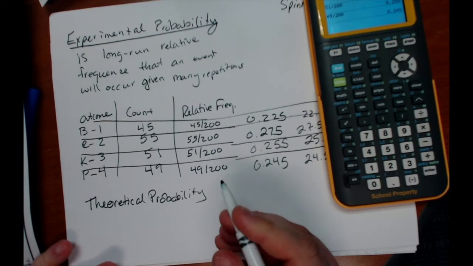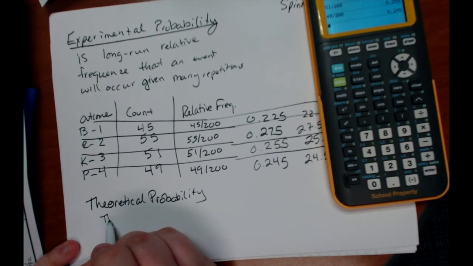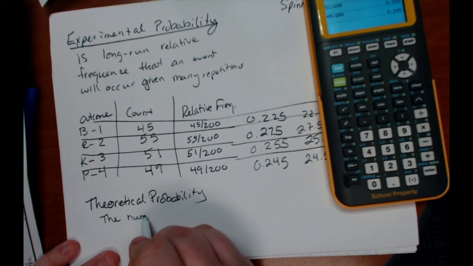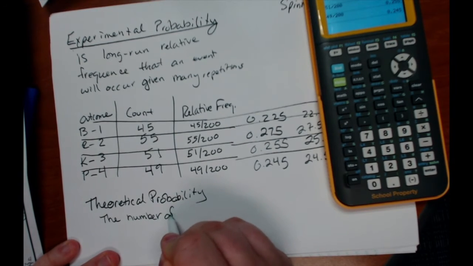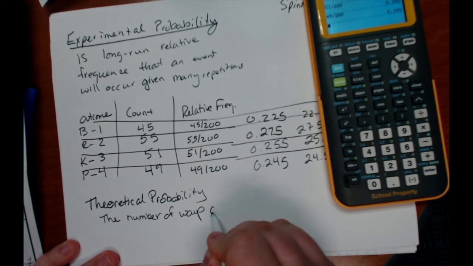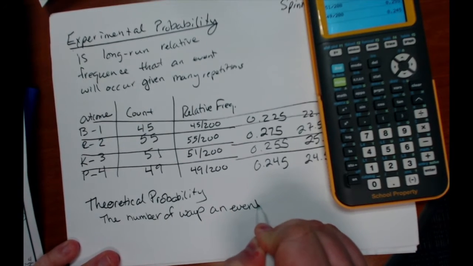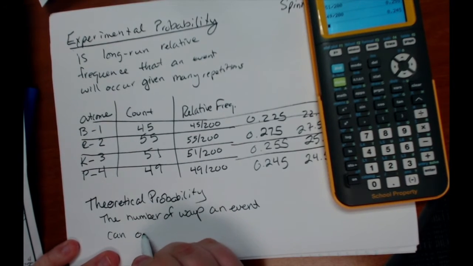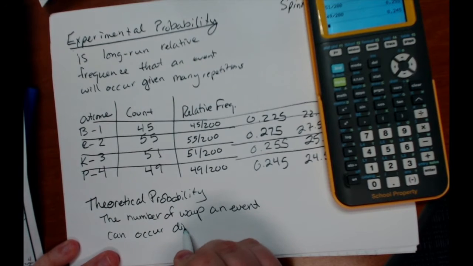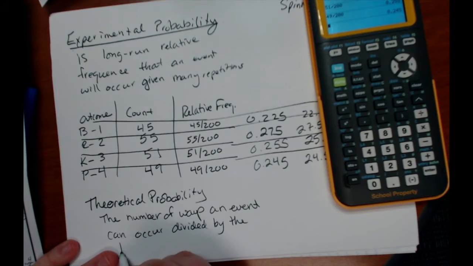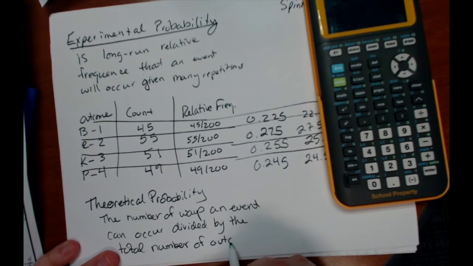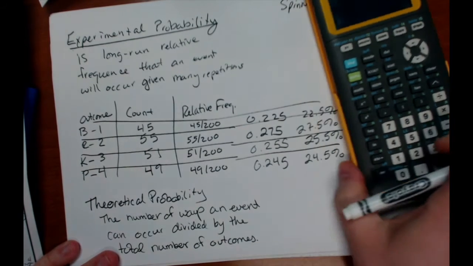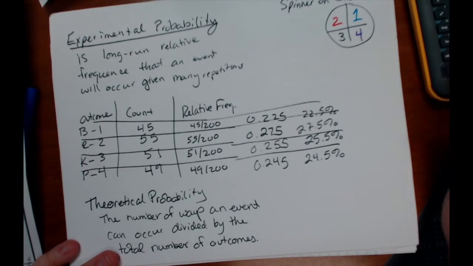And so this is, by definition, the number of ways an event can occur divided by the total number of outcomes.